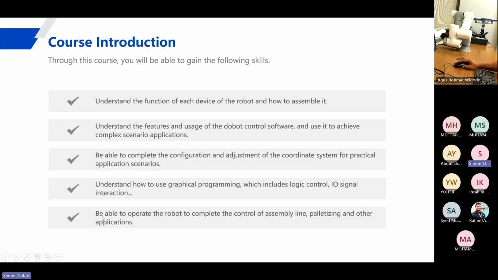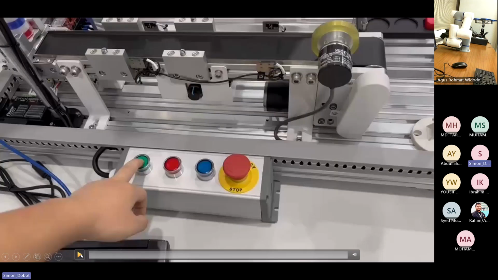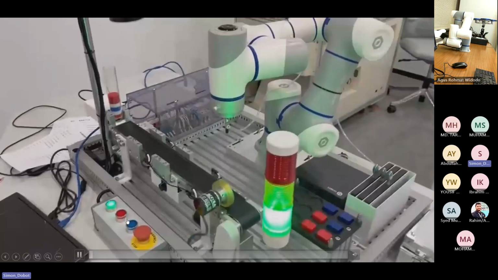The last one is based on our training platform. Because you don't have the training platform, maybe we cannot do all the practice, but we will do part of it. This is the training platform in our training room, but I can show you a video.